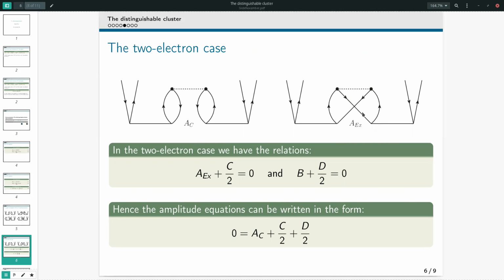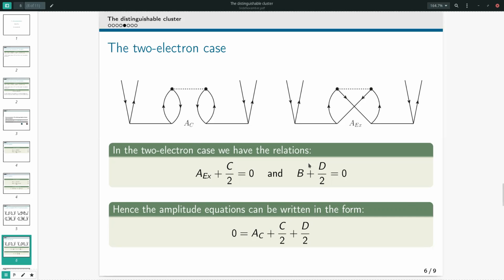A nice property of a coupled cluster approximation is to be exact for n electrons if the truncation is at the nth order. Here we are looking at CCD, so we want the approximation to be exact for 2 electrons. In the 2 electron case, we have this relation between the diagrams. So we can add A exchange plus C over 2 to our amplitude equation, and it will change nothing.